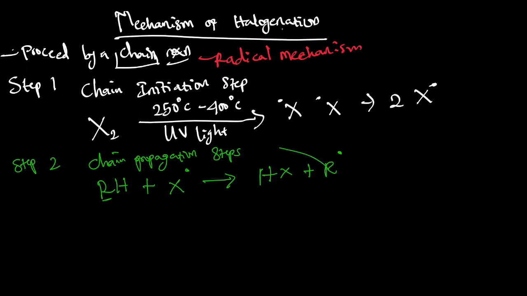This R radical now comes and reacts with X2, continuing the process. So one particular reaction helps the other. We don't need to be adding heat or increasing the temperature. No, just the initiation step is enough to carry it on.